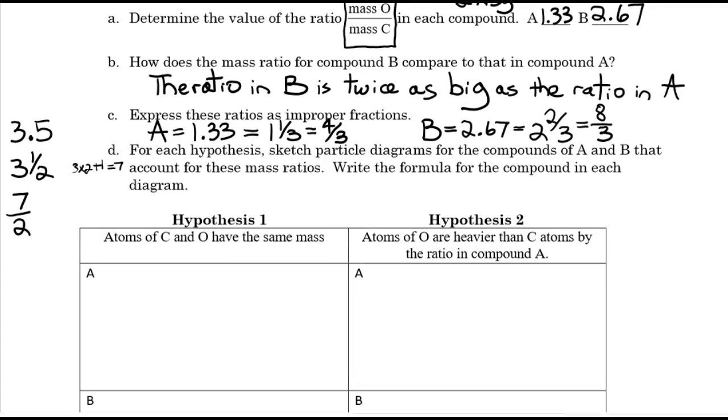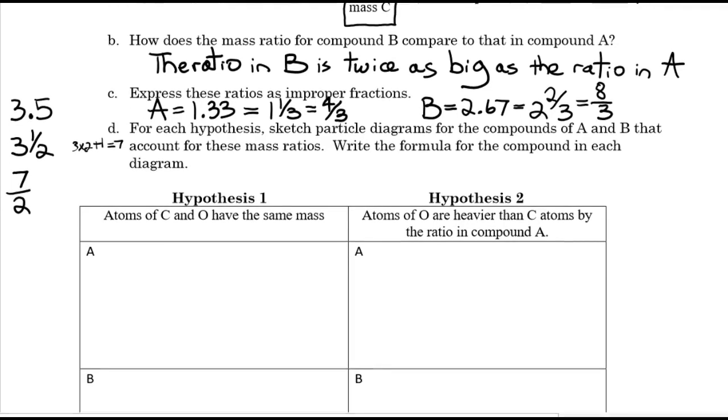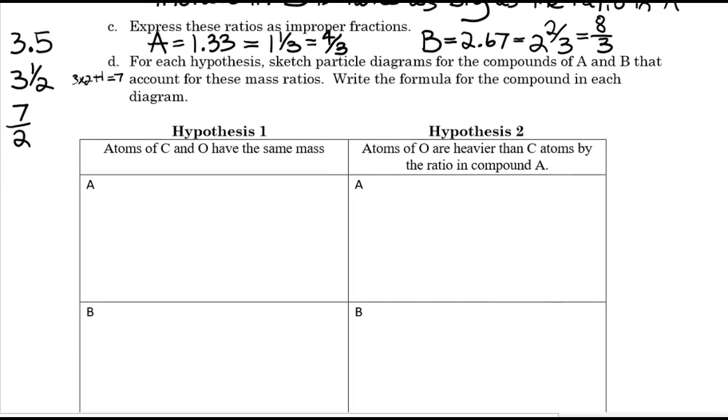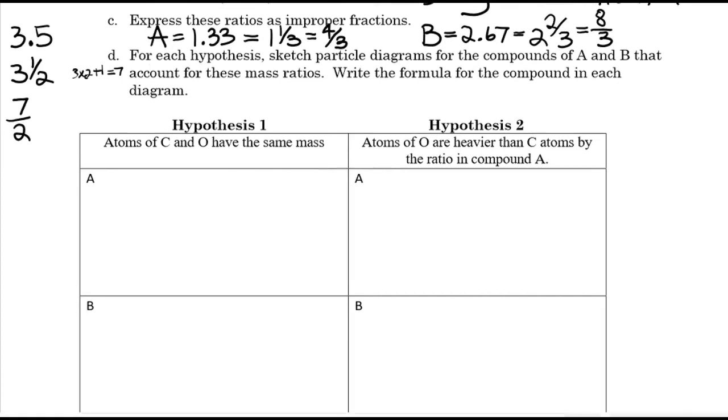atoms of carbon and oxygen have the same mass. Okay, that's pretty easy. If atoms of carbon and oxygen have the same mass, all I need to look at is my ratio. For A, the ratio was 4/3, but remember what that was originally.